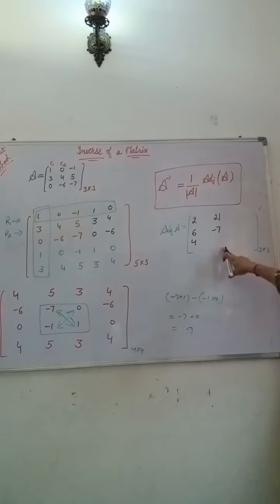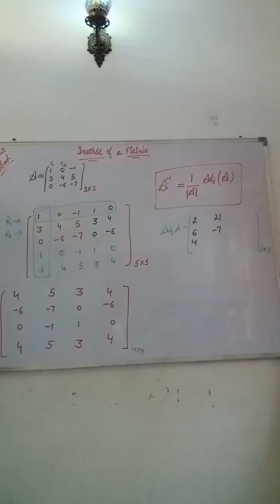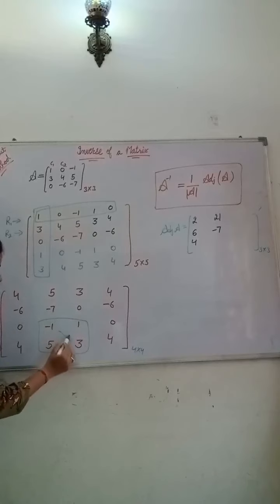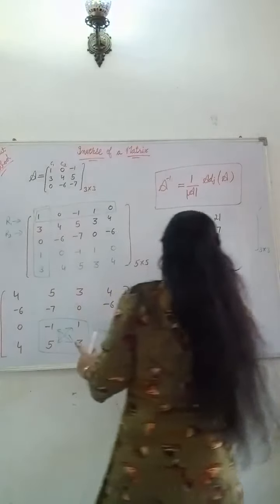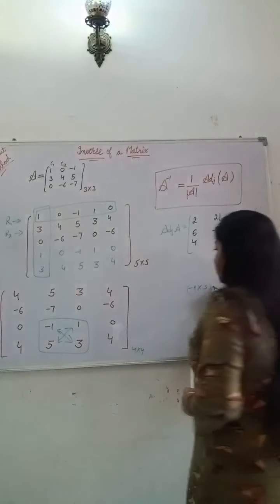Now I am going to take these 4 elements and do their cross multiplication. Minus 1 into 3, put here a subtraction sign, 5 into 1.